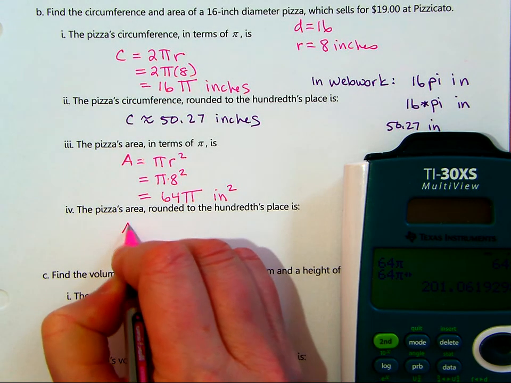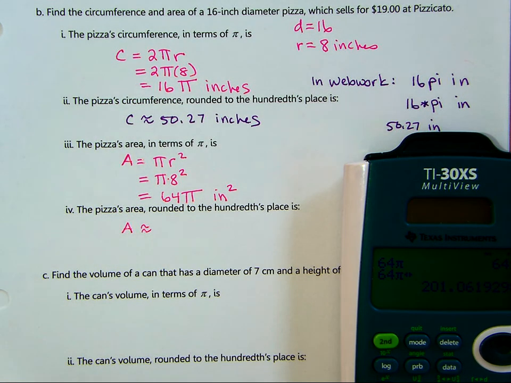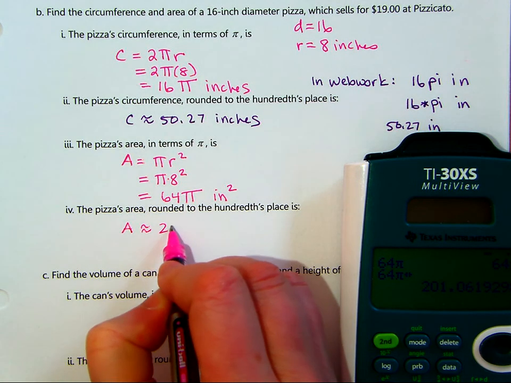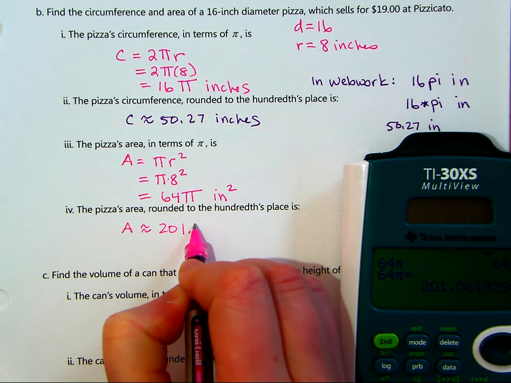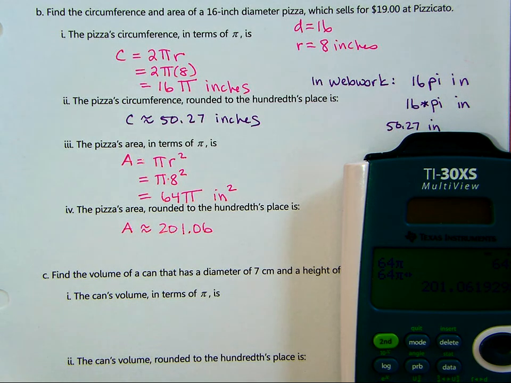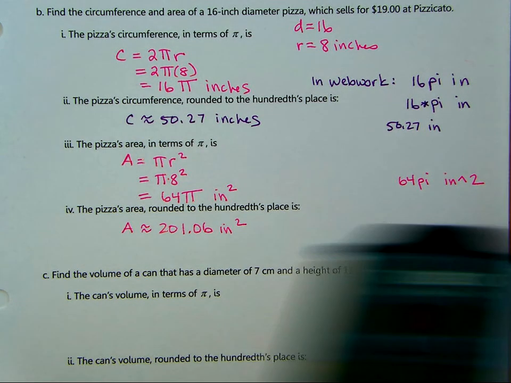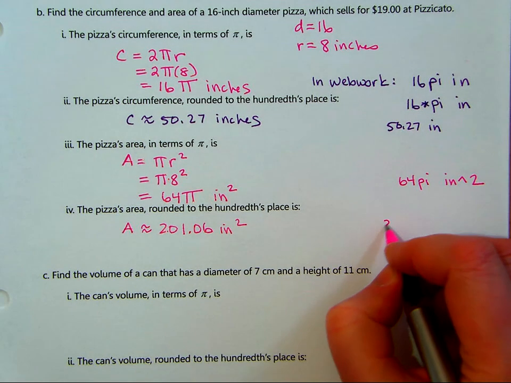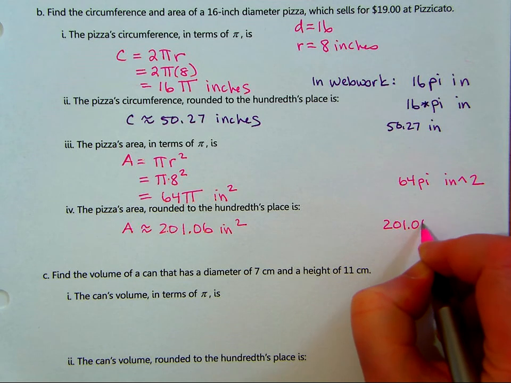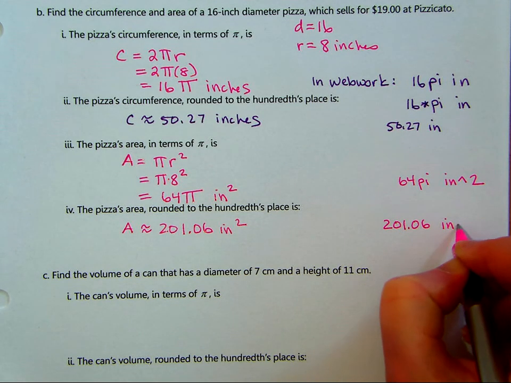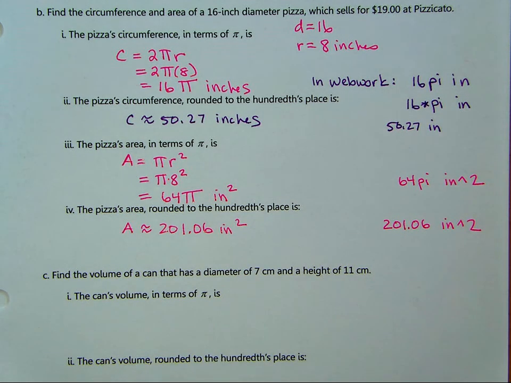So I'm going to write that the area is approximately equal to 201.06 inches squared. And so for WebWork, 201.06 IN caret 2.